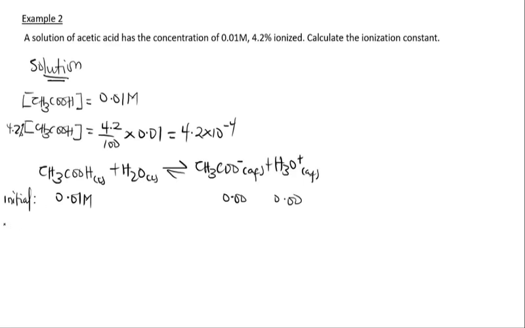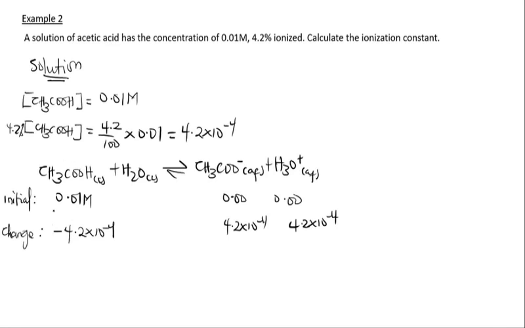Now, during the dissociation process, only 4.2% of the acid dissociated. So we have minus 4.2 times 10 raised to the power minus 4, which means it is only this amount that dissociated in the solution. Now we have 4.2 times 10 raised to the power minus 4, and then 4.2 times 10 raised to the power minus 4 as the amount of the acetate ion and then the hydronium ion produced upon the dissociation of this acid.